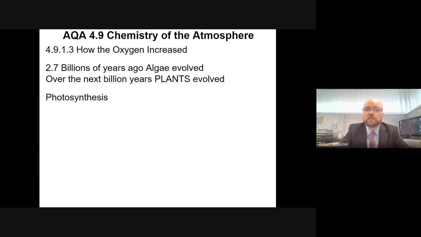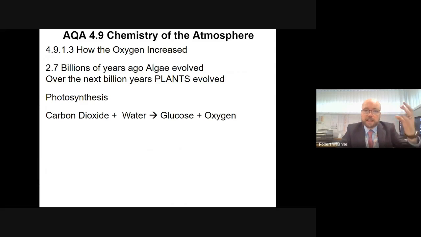Please pause and see if you can do the equation for photosynthesis, both the word equation and the balanced chemical equation. Okay, so plants take in carbon dioxide, they take up water, and then with sunlight, I haven't written it on there because it's not a chemical, but above the arrow you can write sunlight. And what they do is they form glucose. It's their way of making the glucose, which is their energy source.